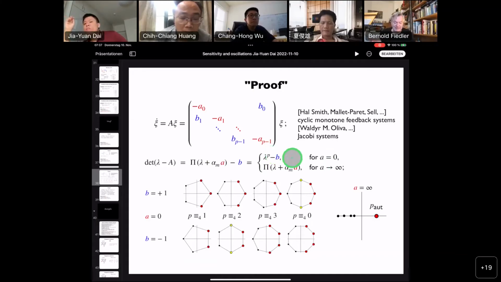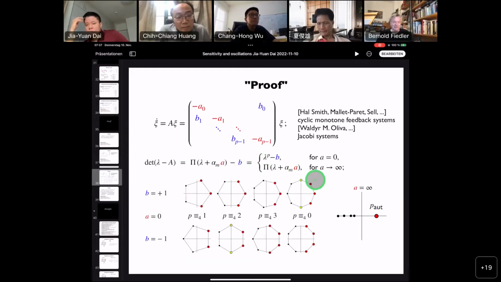What happens if a tends to infinity? Then this polynomial behaves like this product. The b is relatively small. I can put b equals 0. So here I know all the zeros. Very easy. Lambda divided by alpha m minus. And here I get roots of unity. Also very easy. And now I have a few cases.